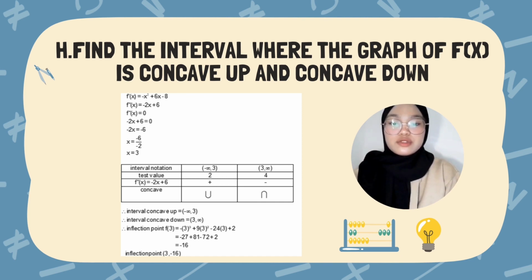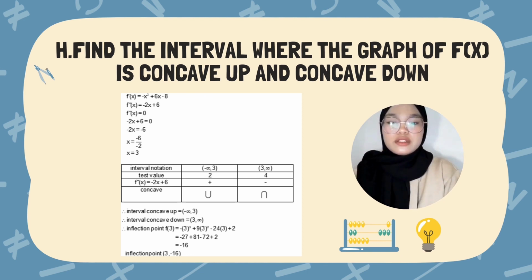Bring 6 to the right side, so we get negative 2x equal to negative 6. Bring negative 2 to the right side, so we get x equal to negative 6 over negative 2. And the last answer, we get x equal to 3, which is the inflection value.